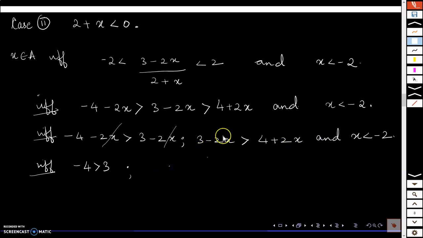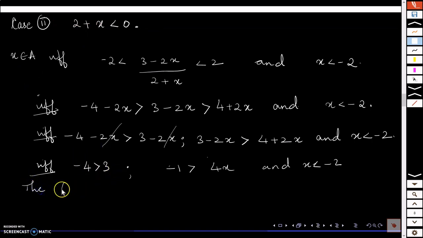So I'll have minus 1 bigger than 4x and x less than minus 2. Okay, so even without looking at the second and the third condition, I can conclude that none of the real numbers x will come in A under this case, right? Because this condition will never be satisfied.